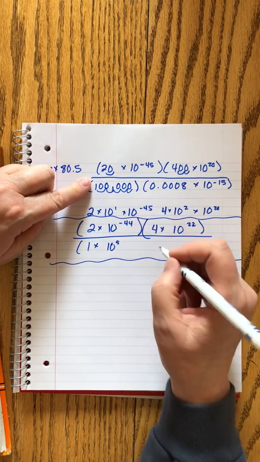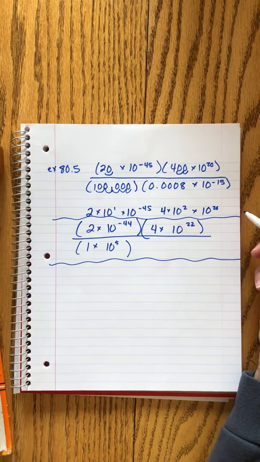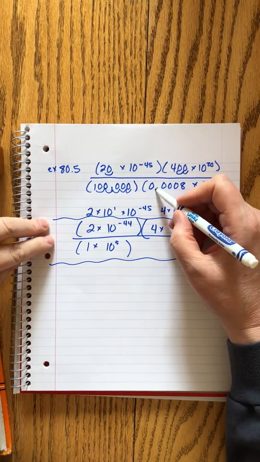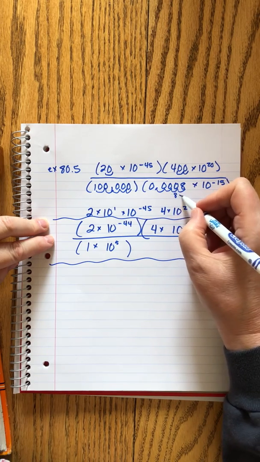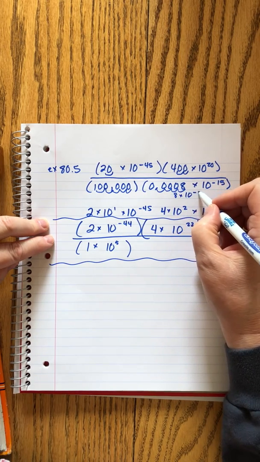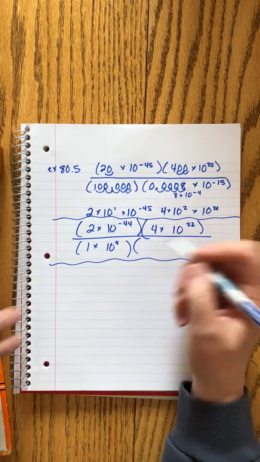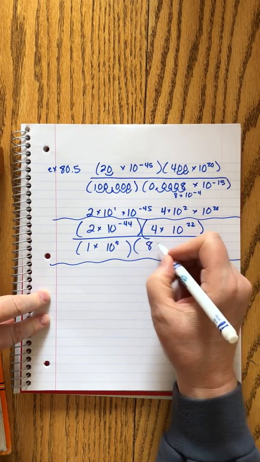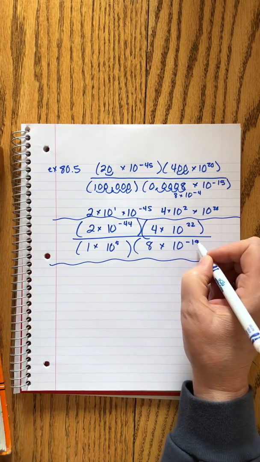It's a positive 5 because I want that 1 getting bigger. I like those because you don't have to do 2 steps. Okay, this one. 1, 2, 3, 4. This would be 8 times 10 to the negative 4, and then we combine it with the negative 15 by adding it. 8 times 10 to the negative 19.